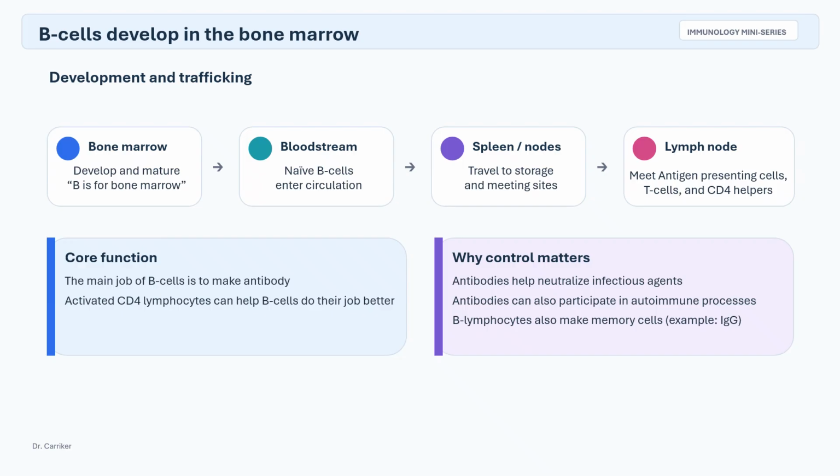Well, slightly stronger binding antibodies may also recognize their own cells and trigger breakdown. So that could contribute to an autoimmune process. So in this way, B cells and T cells might operate similarly. Again, the core function of B cells is to make antibodies, and we're going to spend some time talking about the types of antibodies in a little bit.